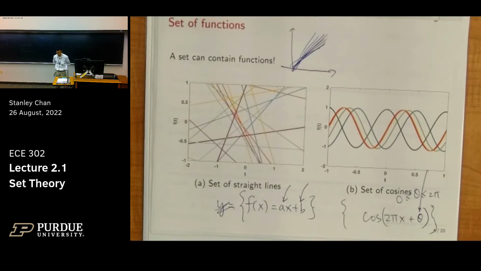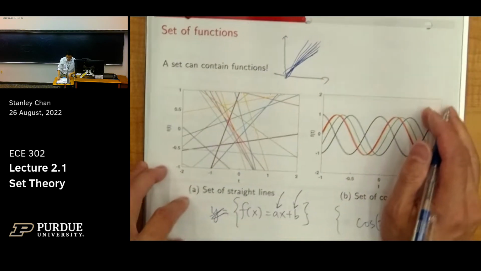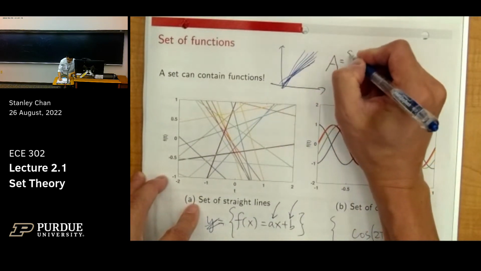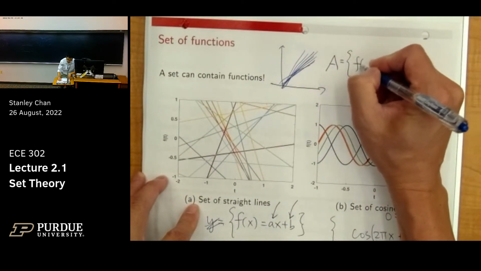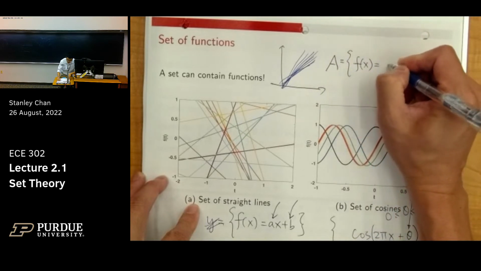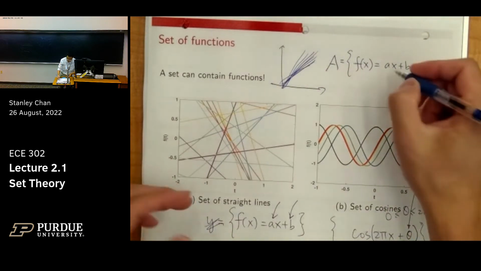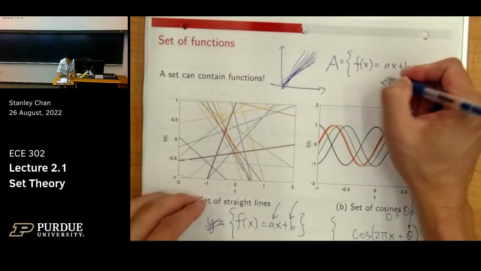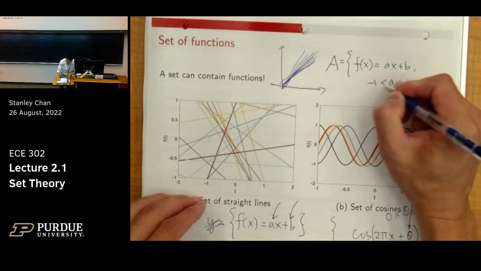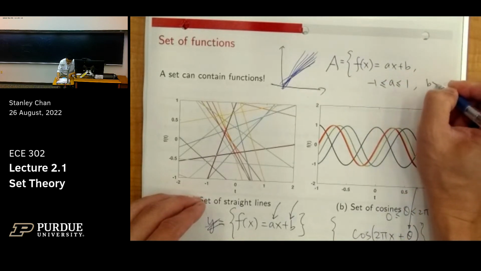Do we need to have a description of how the parameters are bounded? Yes, of course. To be more precise, when I define this set A, which contains all the f(x) equal to ax plus b, I also need to tell you the range of a and b. For example, I can say a is between minus 1 and 1, and b is bigger than 0.